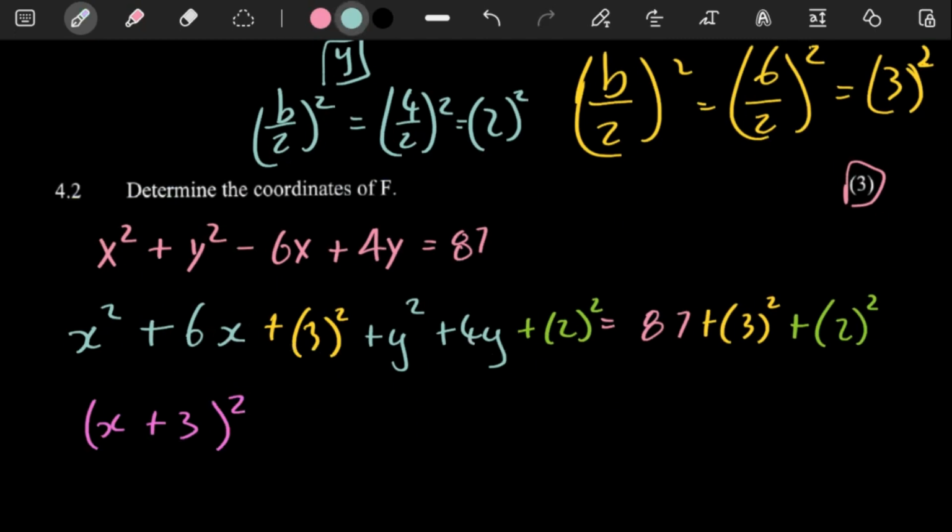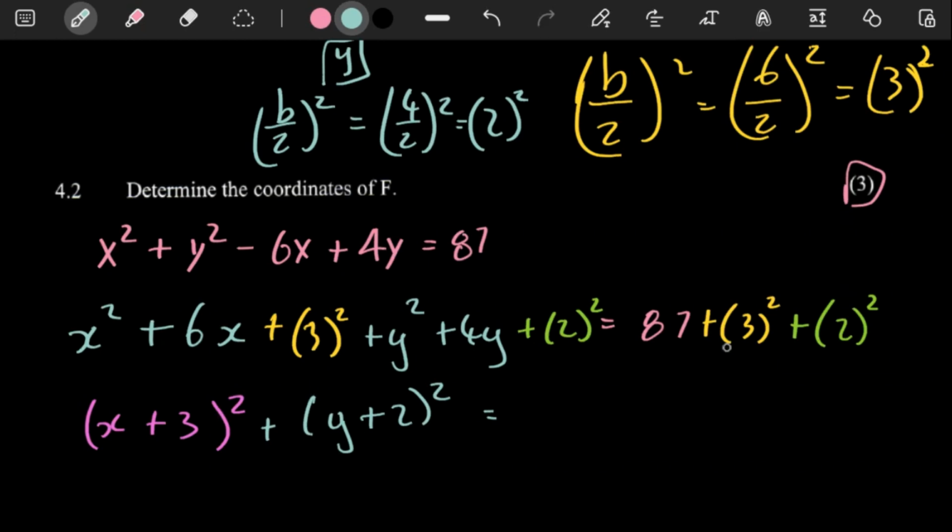You do the same for the y's. This and the 2, you put it in brackets squared. When you factorize this expression, you just get 2 brackets that look alike, where it's y plus 2. And then on the right hand side, you can just put that entire thing into your calculator, and then you will be good to go.